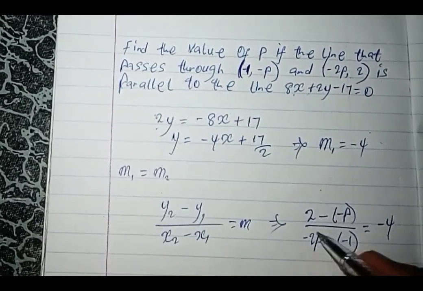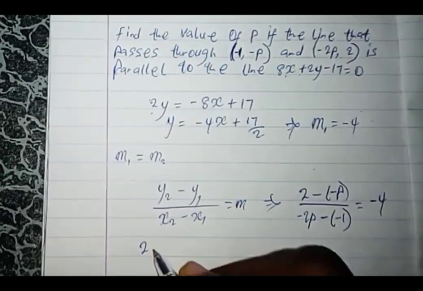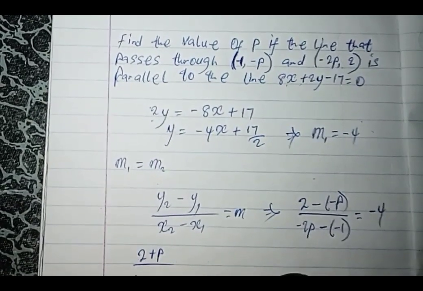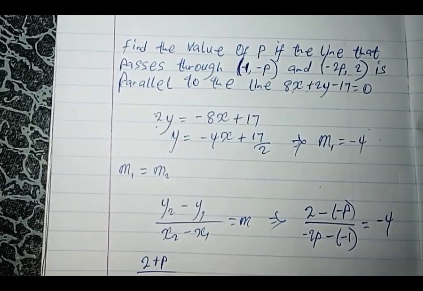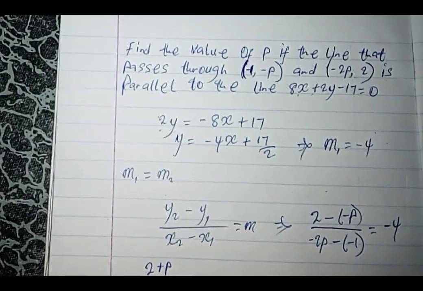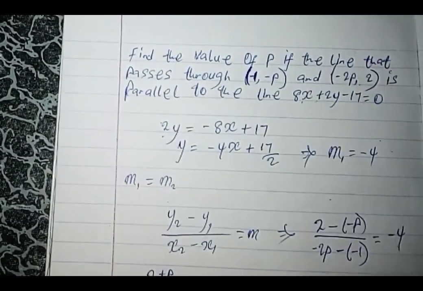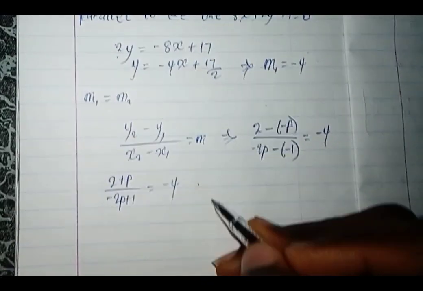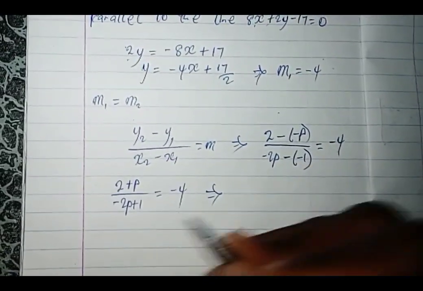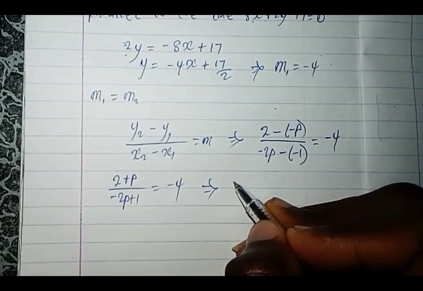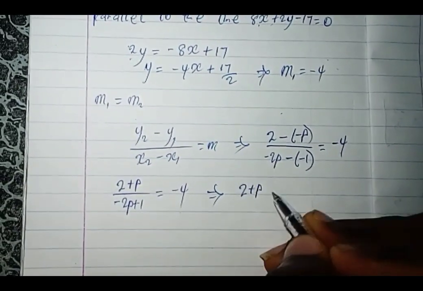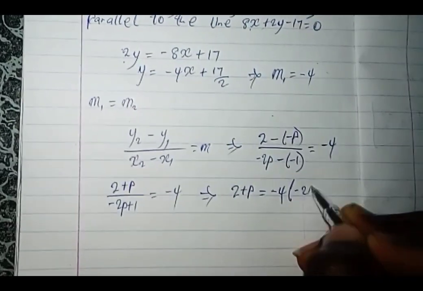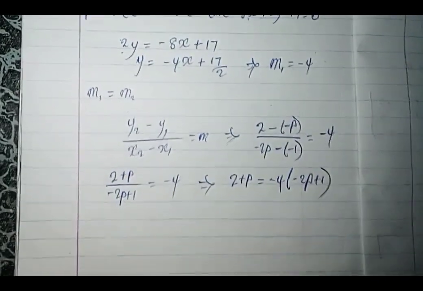So doing this, we have 2 plus p over minus 2p plus 1 equals minus 4. So cross multiplying, sorry for that. So cross multiplying, we have 2 plus p equals minus 4 into bracket minus 2p plus 1.